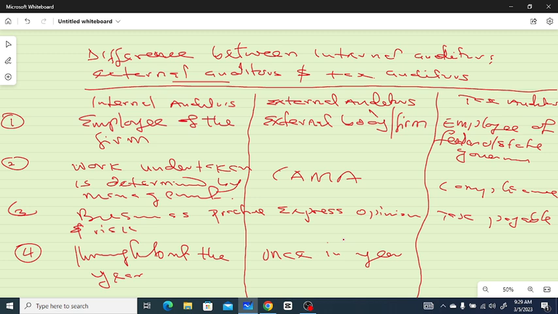External auditors carry out a statutory audit, a single annual audit that is carried out once in a year. Then the tax auditor: the Corporate Affairs Commission, IFRS, and other required companies submit their audited financial statements to them on a yearly basis. So they have to do that. It's annually.